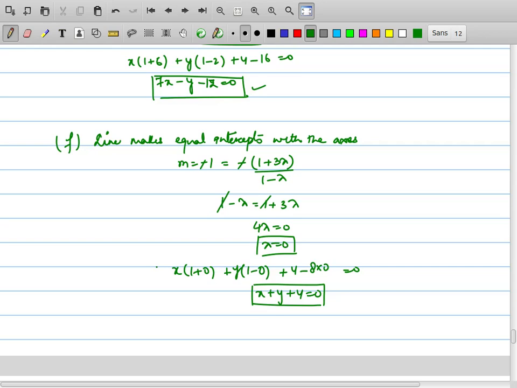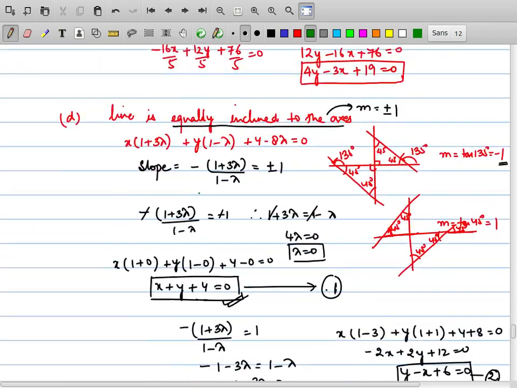It is making equal intercepts with the axis, and you can very well see the slope of this line: minus coefficient of x upon coefficient of y, minus 1. As we had said earlier, we can get back our original L1, but we cannot get L2. Whichever equation we write with lambda, we will not be able to get that equation. The first, L1, we can get back.